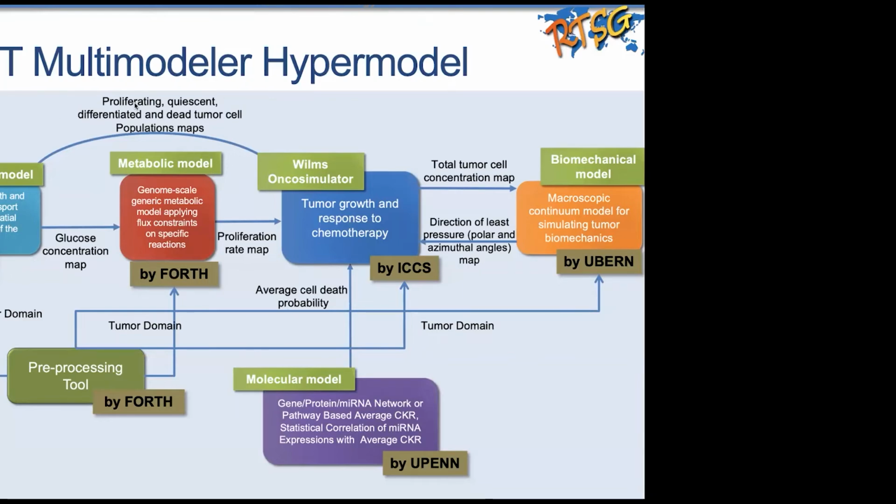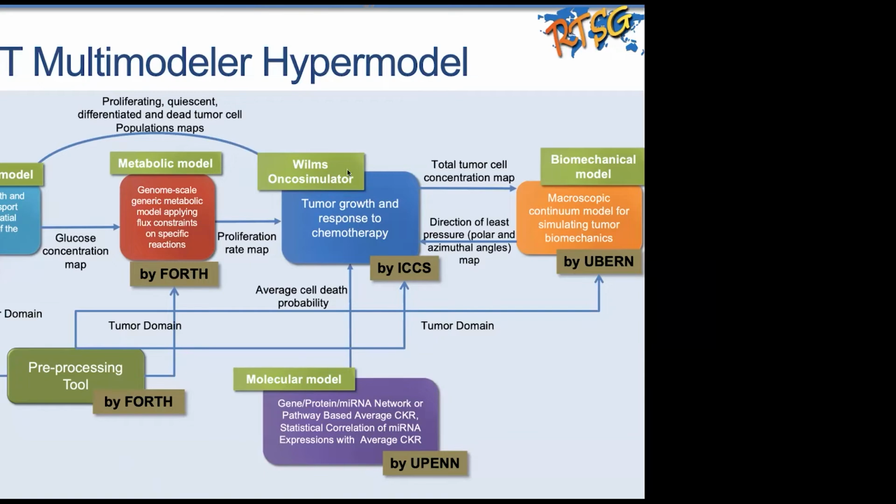Here is the start of this project, a European research project, and you see different partners from different areas in Europe, and even the University of Pennsylvania in Philadelphia, who participated in this project to set up this model, which we call a multi-modeler hypermodel, because we have a granularity of models here: a vascular model, a metabolic model.